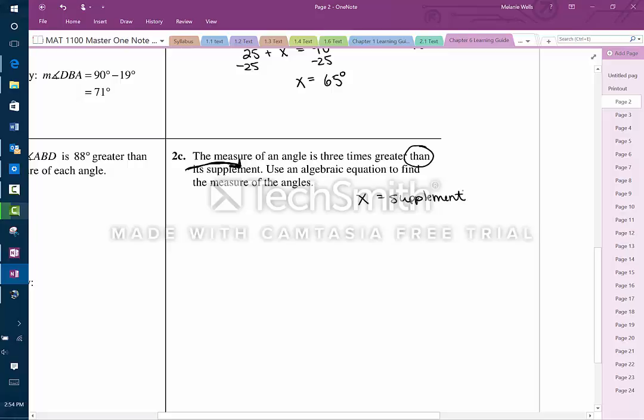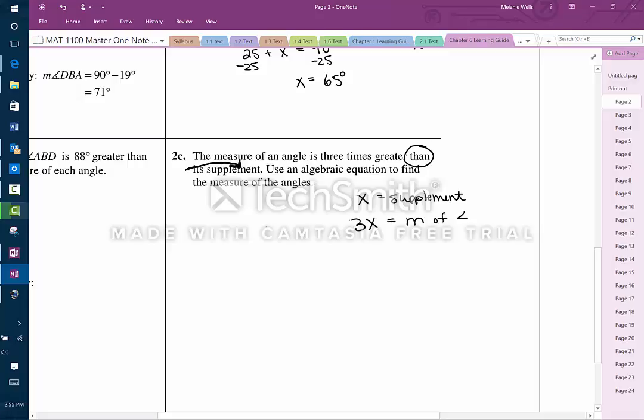And then we know that the measure of the angle is 3 times, it says greater than x. If it's 3 times greater, and there's a problem like that, sometimes you see the greater than, it's a little bit confusing, but it's 3 times as large as x. That's going to be represented with 3 times x. That's the measure of our angle.